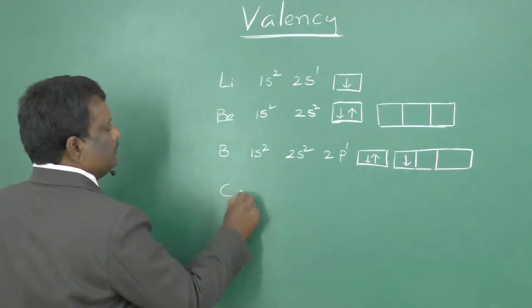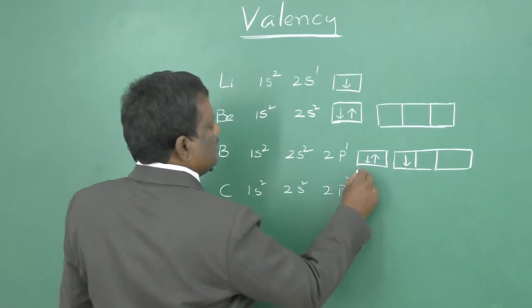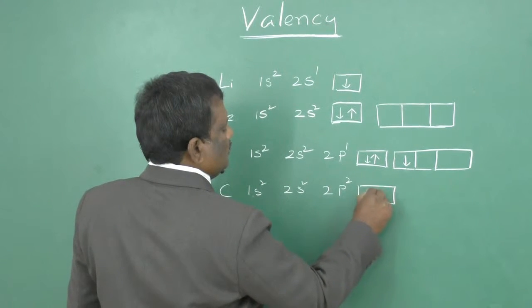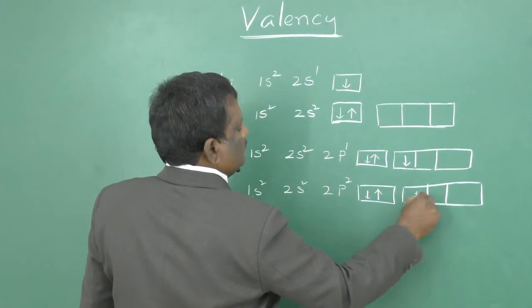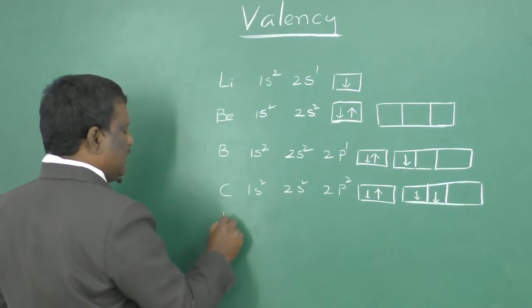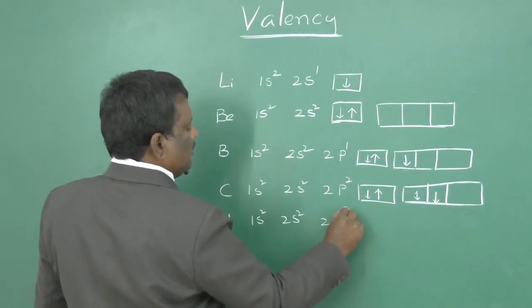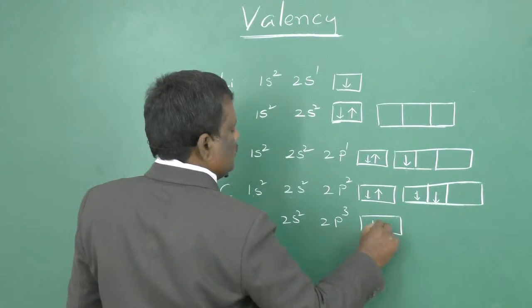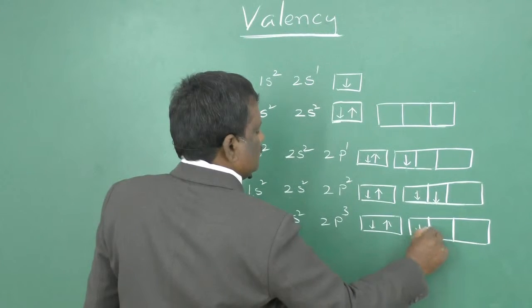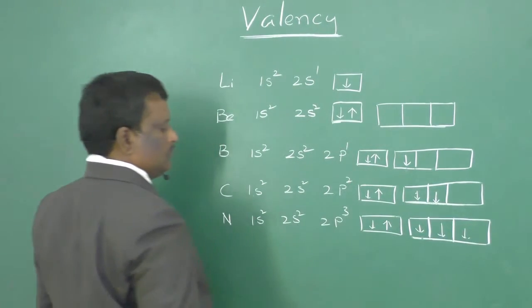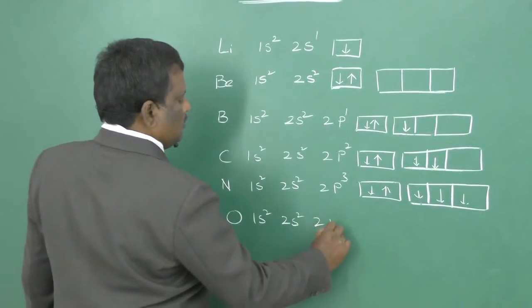Then carbon, 1s2, 2s2, 2p2. That is, this is the valency shell, 2s2, then 2p2. Nitrogen, 1s2, 2s2, 2p3. Then oxygen, 1s2, 2s2, 2p4.